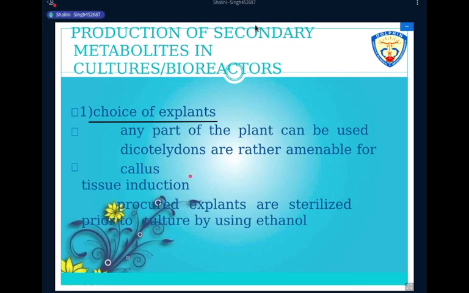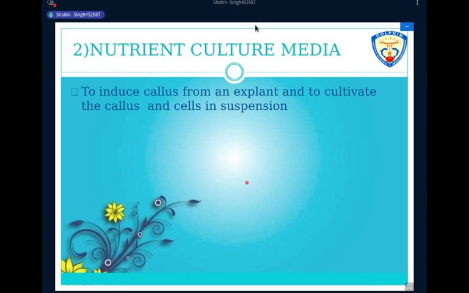Any part of the plant can be used for callus or tissue induction, but these explants are sterilized prior to culture by using ethanol. So what is the procedure of disinfection of the explant?